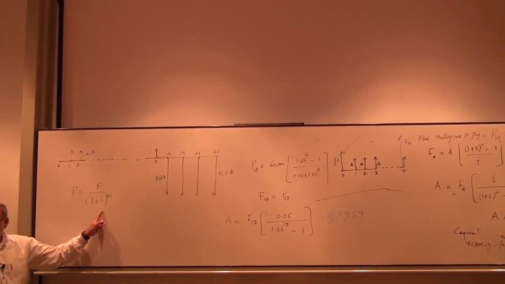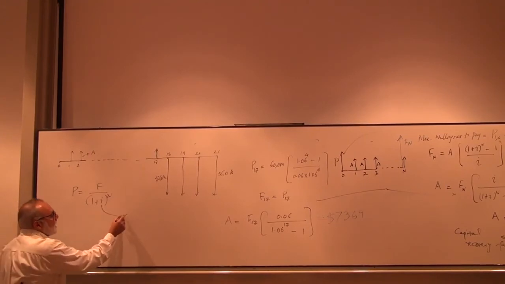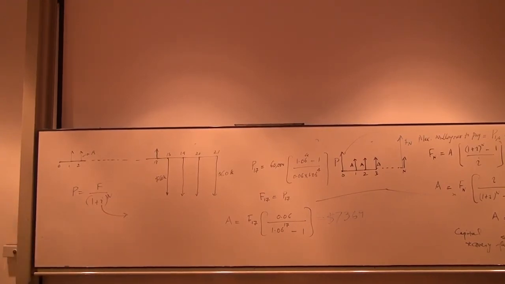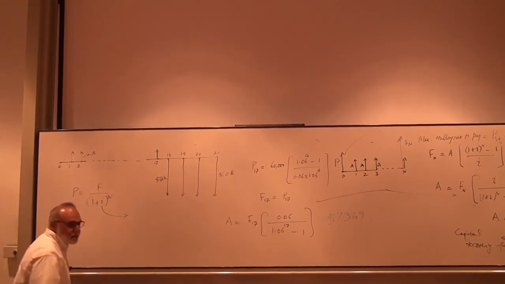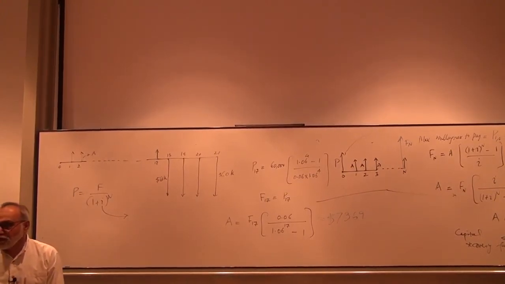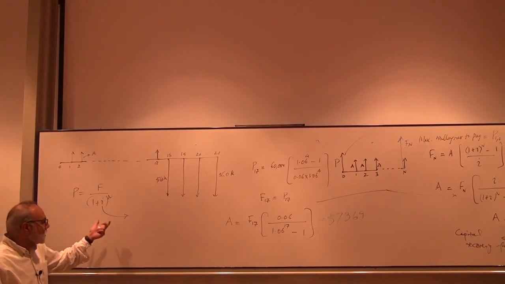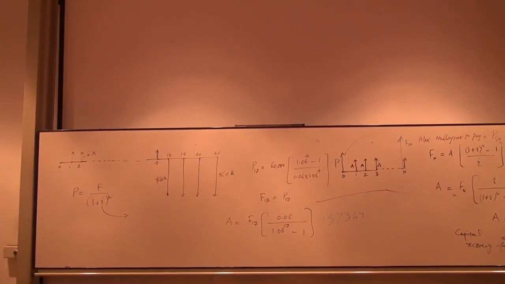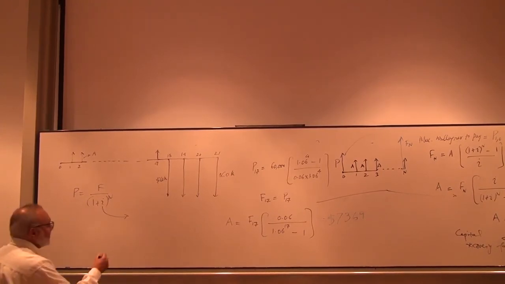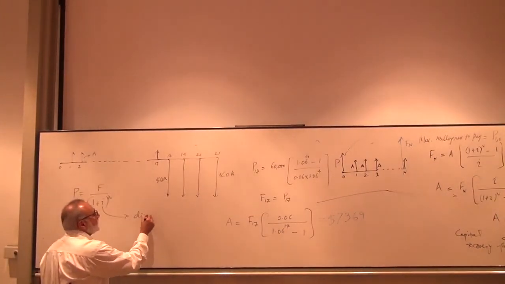Normally in this equation, this I is called discount rate. Interest and discount rates are sometimes synonymously used, but this discount rate could be quite different from the prevailing market interest rates. So I is discount rate here.